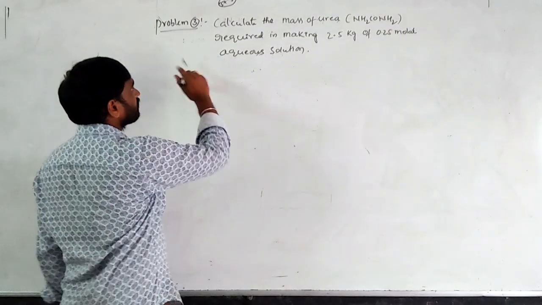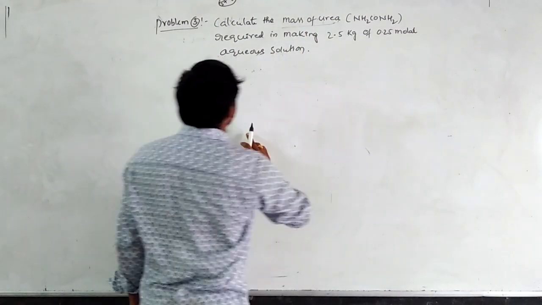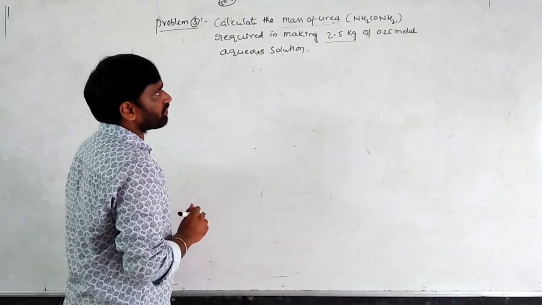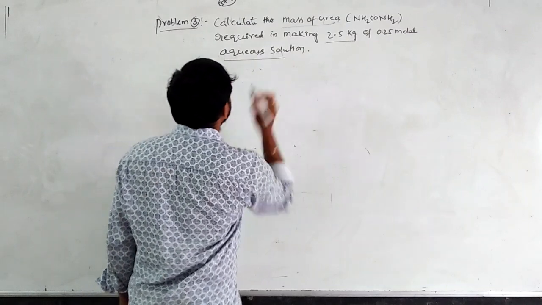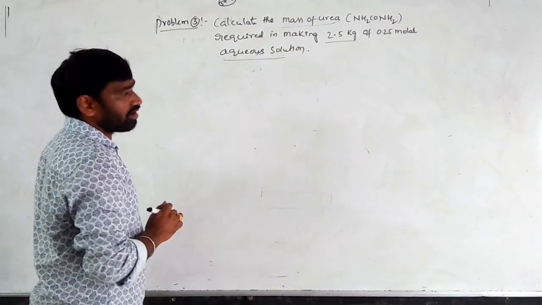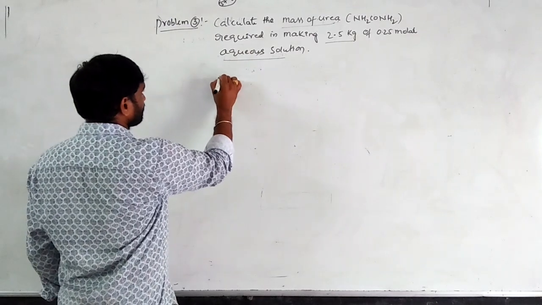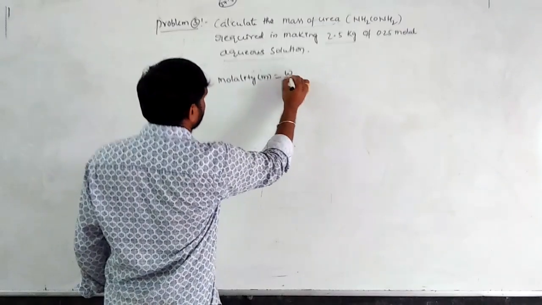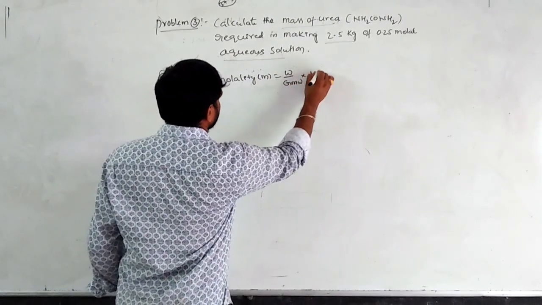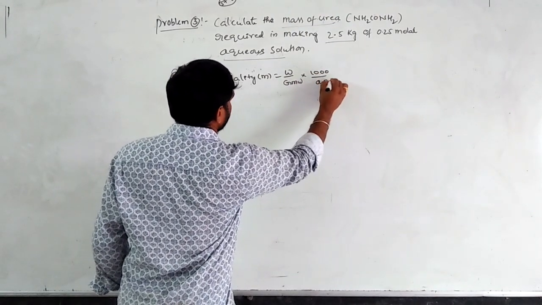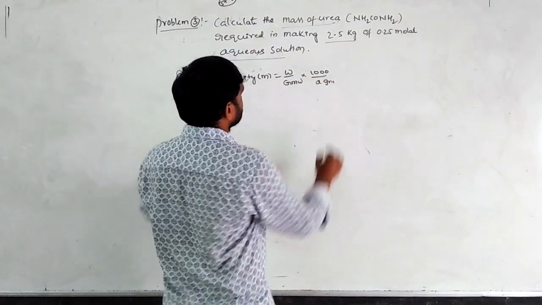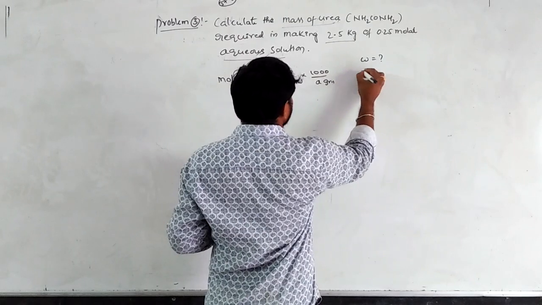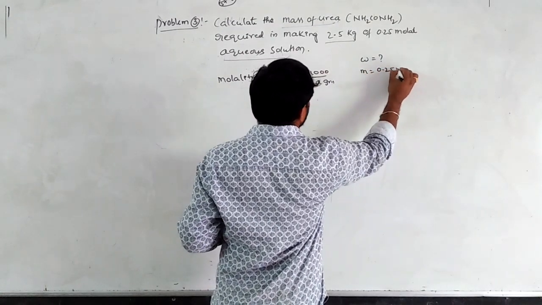Problem 3. Calculate the mass of urea required for making 2.5 kilograms of 0.25 molal aqueous solution. So calculate the mass of urea. Molality equals weight by gram molecular weight into 1000 by A grams. Here mass of urea is W, and molality equals 0.25 m.